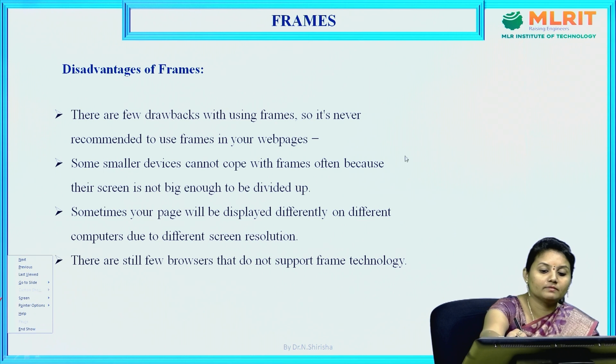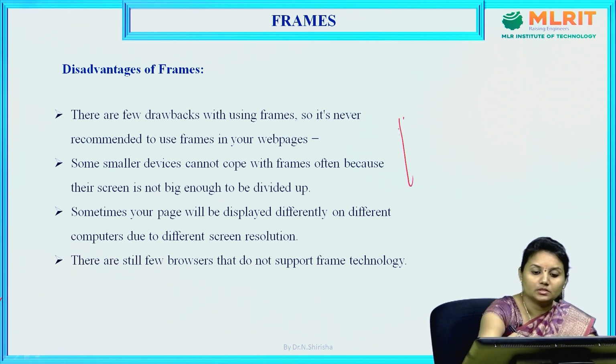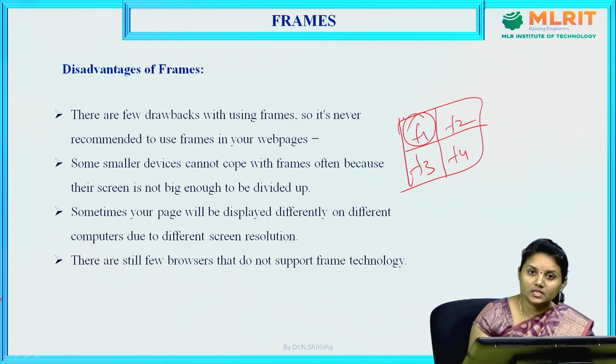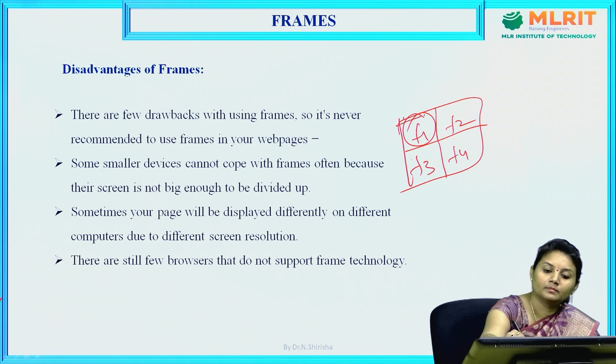If you want multiple frames, you have a window, you divide it into 2 and then into 2 again. Then this will become frame 1, frame 2, frame 3, frame 4. Whatever you want to display in frame 1 will be reduced because the resolution of this page is limited to 25%.